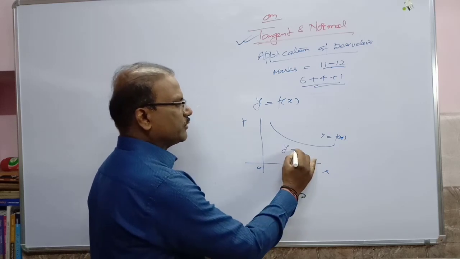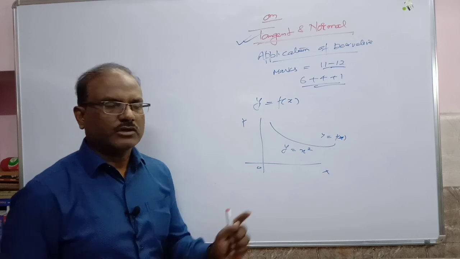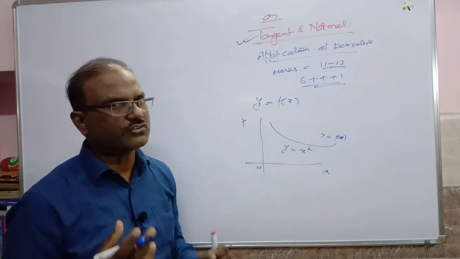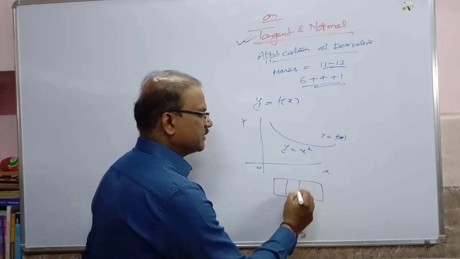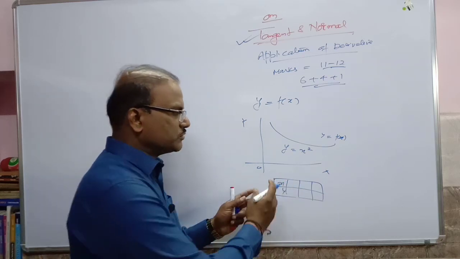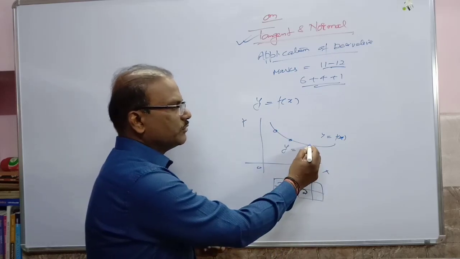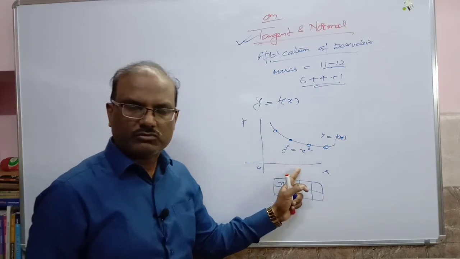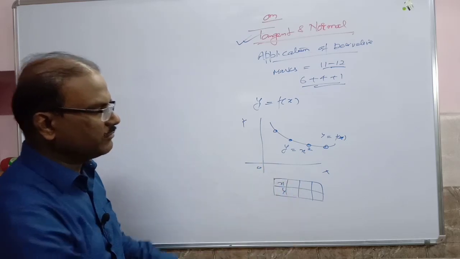How? If we get a curve like y is equal to x square, as we know it is a parabola, while we put different values of x, we will get corresponding values of y. So we will get a lot of points. While we put them one by one in that way, we will get a curve like this. Of course, this is not a parabola. What I have shown is merely an example.